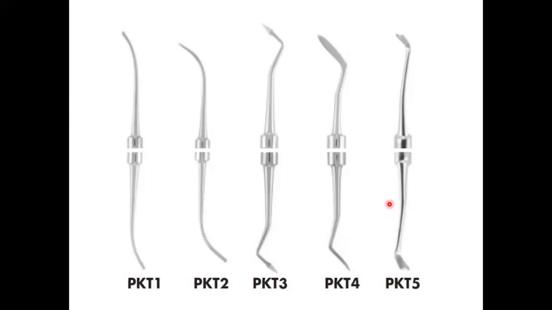So this PKT was devised by Peter K. Thomas. These instruments are used for preparation of wax patterns for fixed partial dentures or any wax patterns basically. So PKT1 and 2 are wax adding instruments, PKT3 is your burnishing instrument, PKT4 and 5 are wax carving instruments.